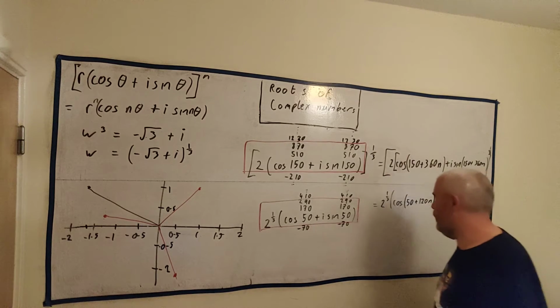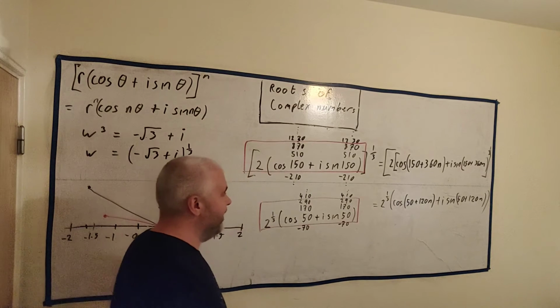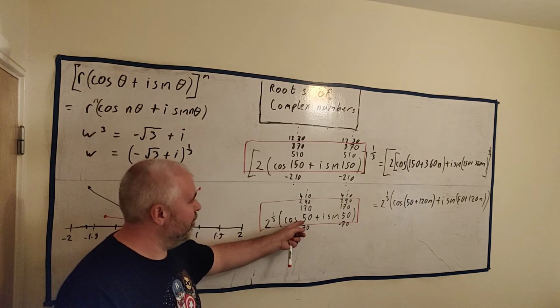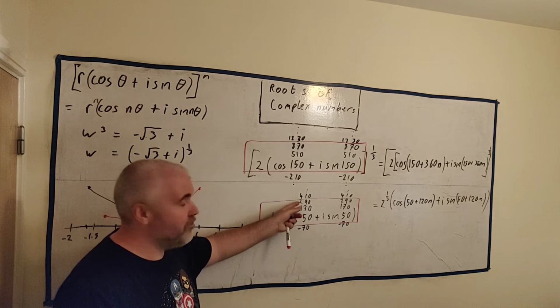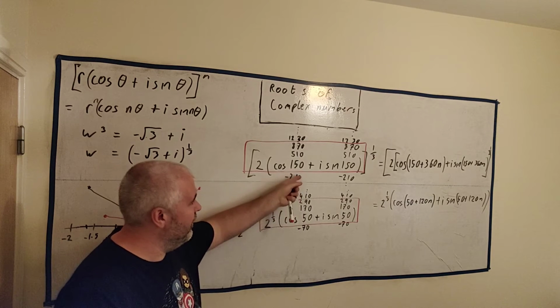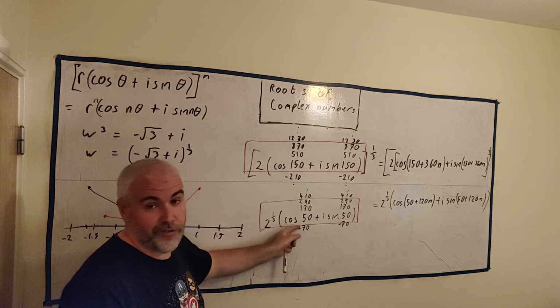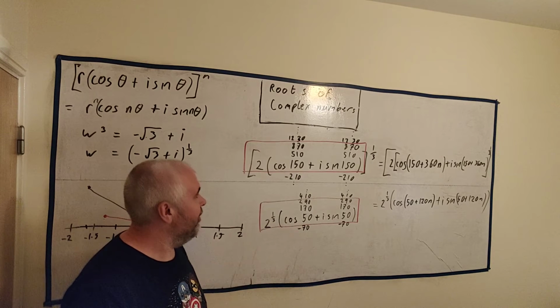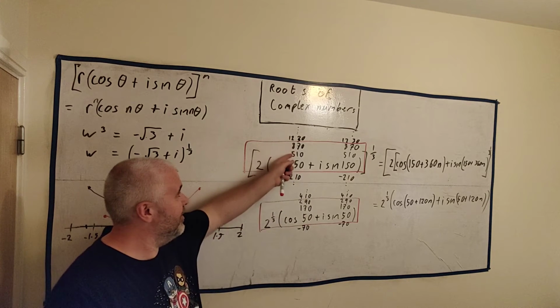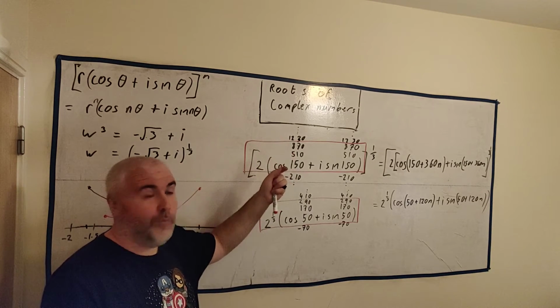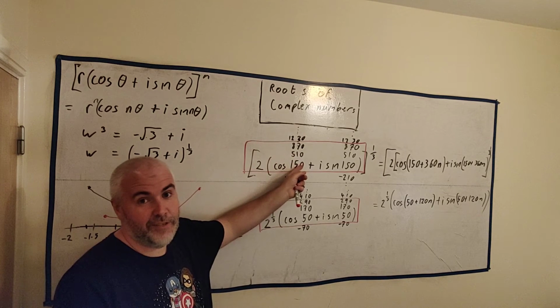I hope you can see all that, because that's all of these answers here. It's 50 plus another 120, another 120, another 120, going forever, or minus 120, going forever. And that's because the question will always look the same if we add 360 to it.